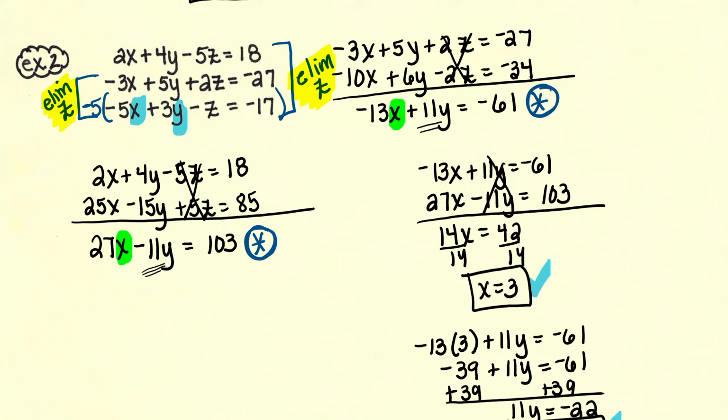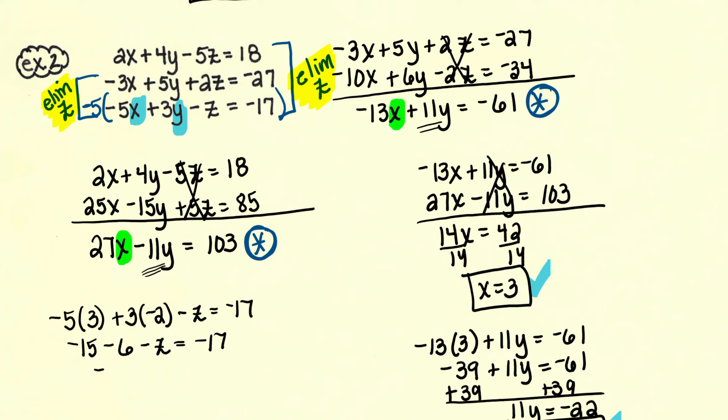So that's going to give me negative 5, but where the x is, I'm going to put a 3, plus 3, but where the y is, put in your negative 2, minus z is equal to negative 17. So negative 15 minus 6 minus z is equal to negative 17. Collect your like terms. Negative 21 minus z is negative 17.